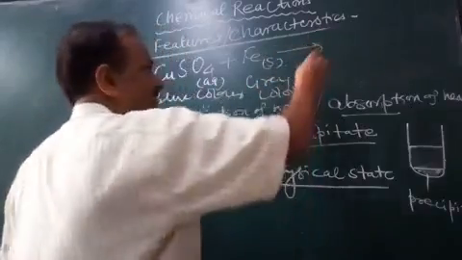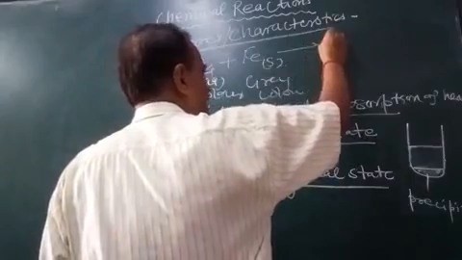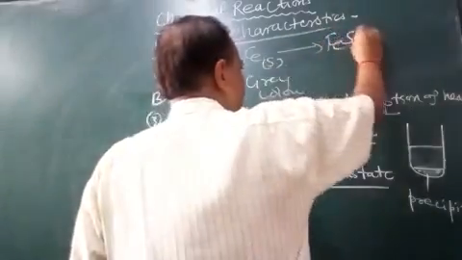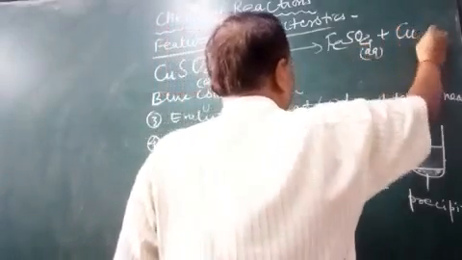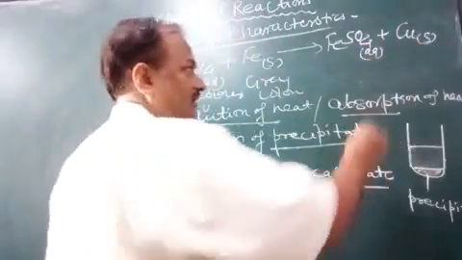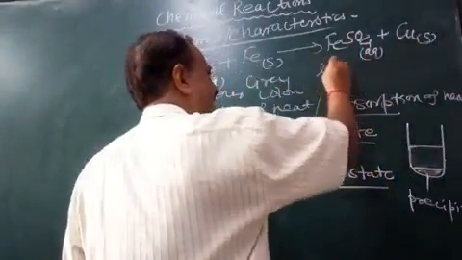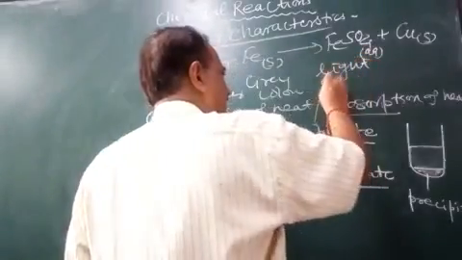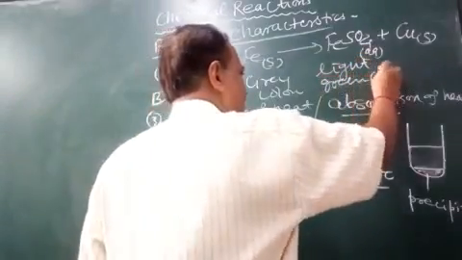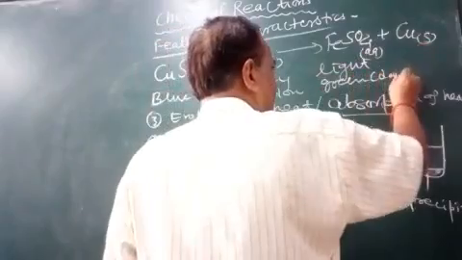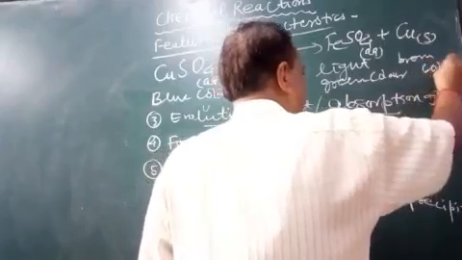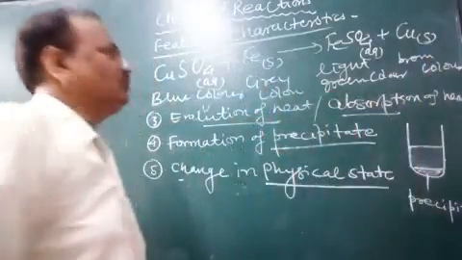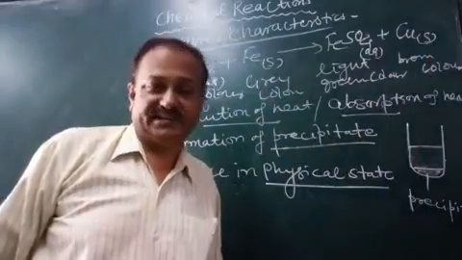Now after reaction, there is formation of FeSO4 aqueous plus copper solid. This will have light green color and this will have brown color. So this reaction is called as single displacement reaction.